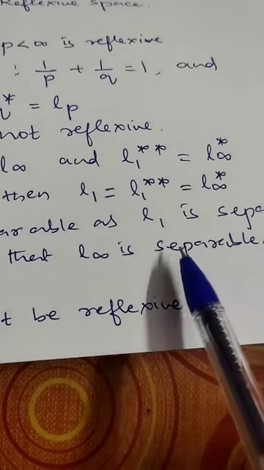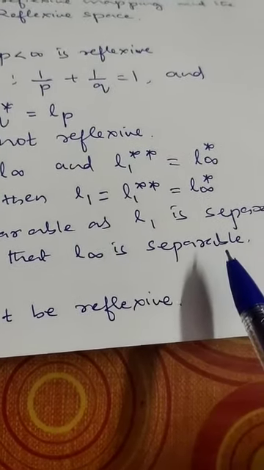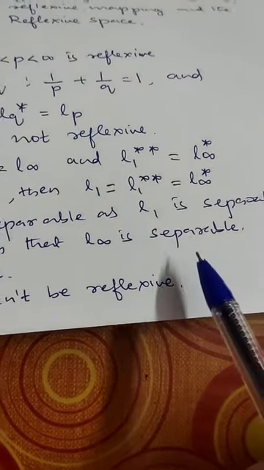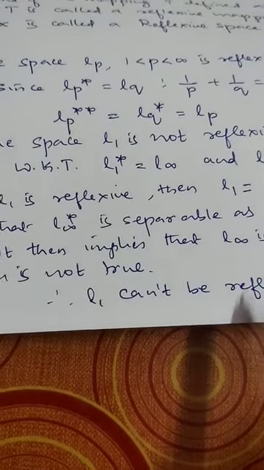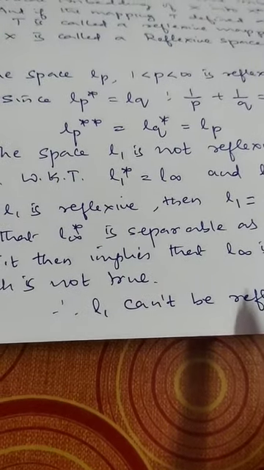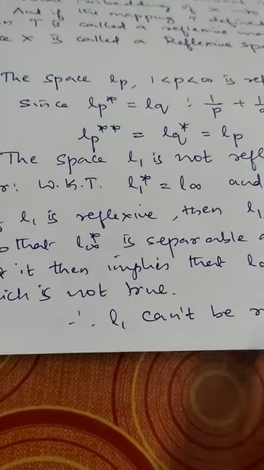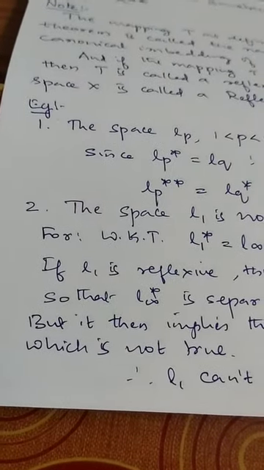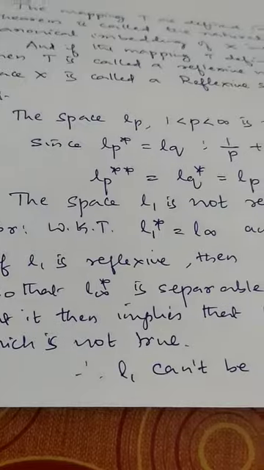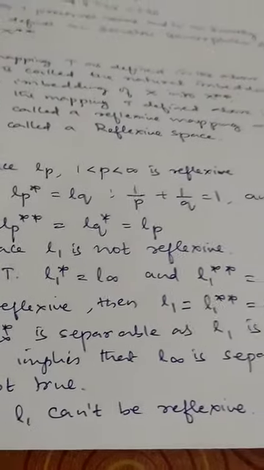But we know that L infinity is not separable. Therefore, L1 cannot be reflexive. Okay, this is the theorem which defines reflexive mappings between X onto X double star. Okay, thank you.